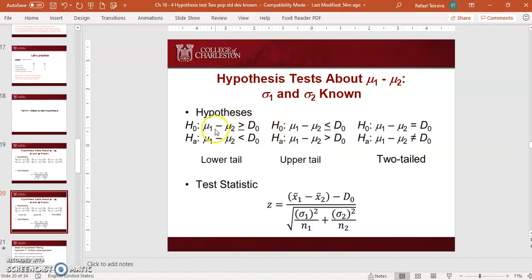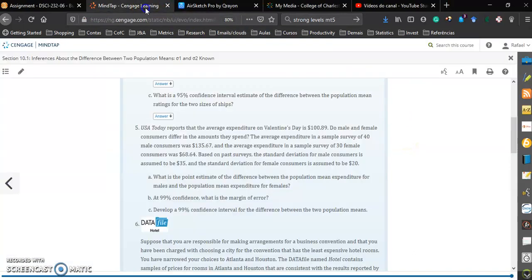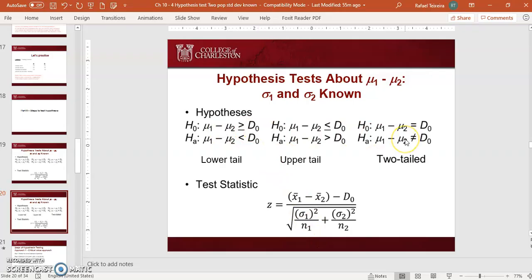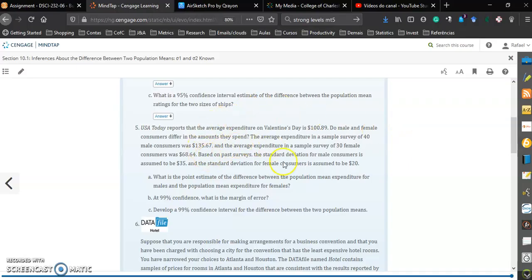Do you think the hypothesis will be this type, higher or lower, or this type, equal and different? Do they differ or not differ? When you read a problem, you have to be able to interpret which of these three types we are talking about, and this is given by the reading of the statement of the problem.